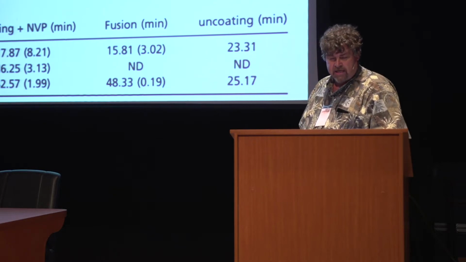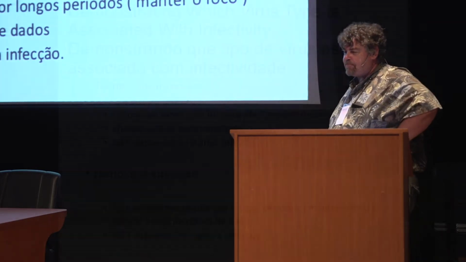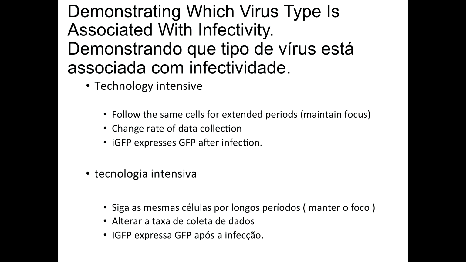So what allows us to do this is a bit of brute force science and really good microscopes and other things. What we're going to do is use that 2-drop virus I showed you, and the genome of that, because all the GAG is making GFP, if that infects a cell, it's going to turn the cell green. And then we have this ability to follow multiple fields over time.